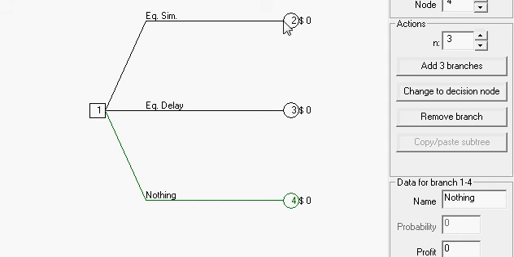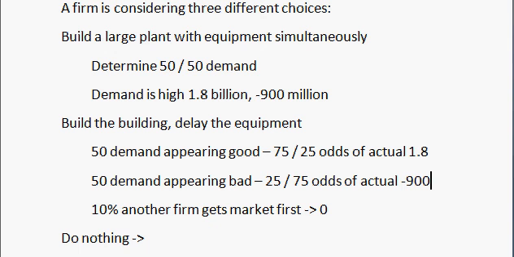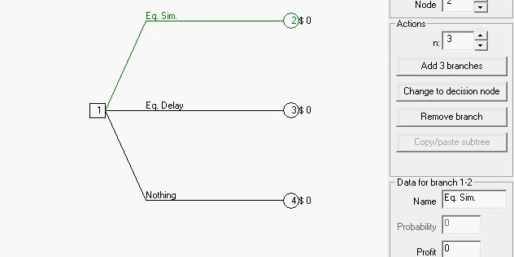So let's talk about if we do the equipment simultaneously. Well, if we go back to our description of the problem, if we do it right away, we have to determine the demand. We have a 50-50 demand probability, and then we're going to generate some revenue, either 1.8 billion or lose 900 million. So that is an event node.